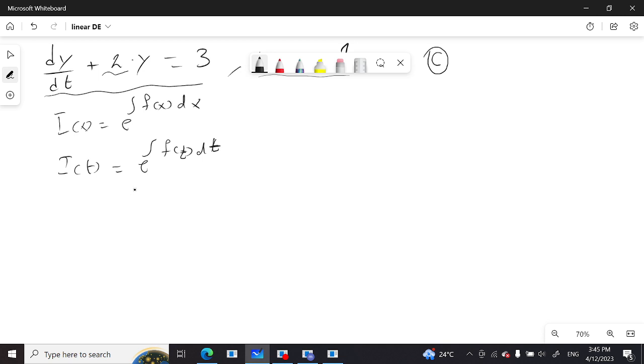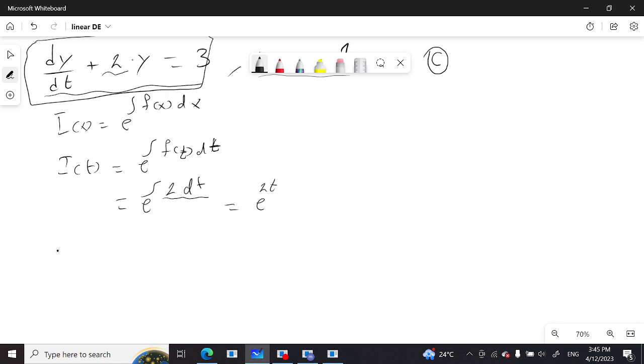Now by substituting the value of f of t, which is 2, we get exponential integral 2 dt. If we integrate this formula, we get exponential 2t.